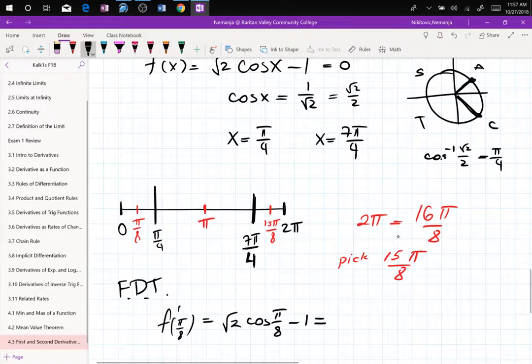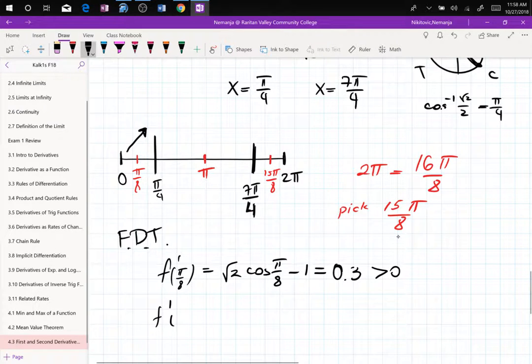And now we say square root of 2, cosine of pi over 8, and then everything minus 1. I don't really need to know the exact value, I just need to know whether it's larger or smaller than 0. So this is about 0.3. That's bigger than 0. I have an increase on this piece.